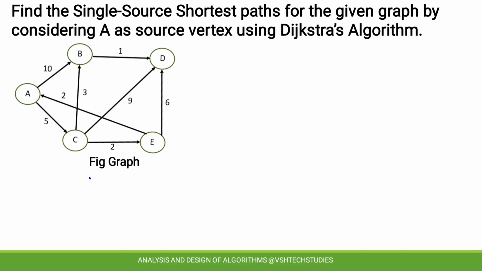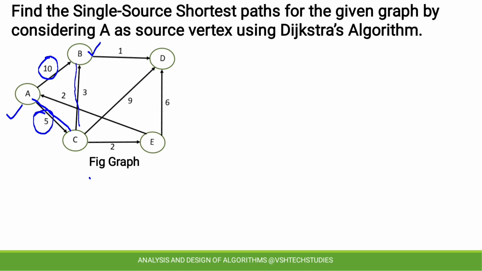For example, from A node to B node, the cost is 10. So the distance may be 10 kilometers or the cost in rupees may be 10 lakhs in constructing the road between A and B. Then there is one more path. We can move from A to C. The cost is say 5 lakhs.